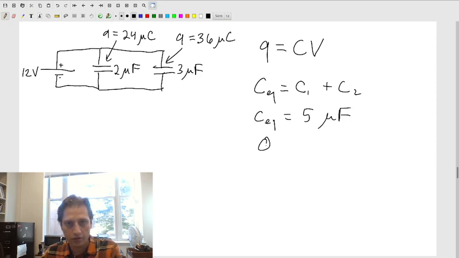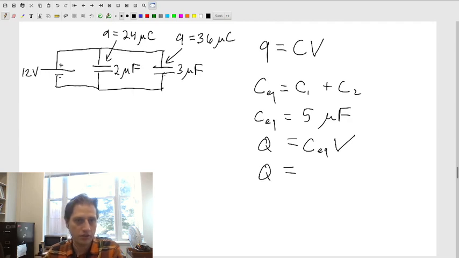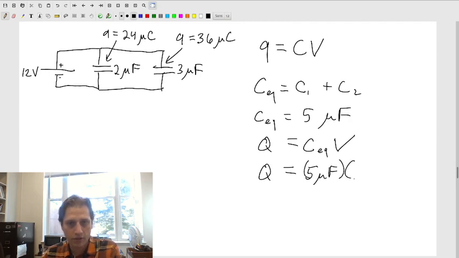And then our Q on this total thing is going to be Q equivalent, C equivalent times V. So our Q on this group of capacitors is going to be 5 microfarads times 12 volts. So that Q is going to be 60 microcoulombs.